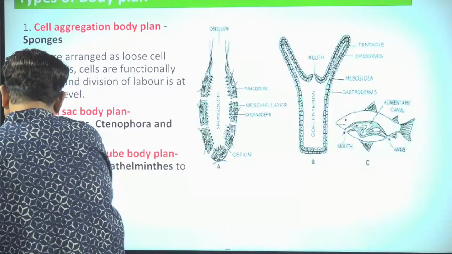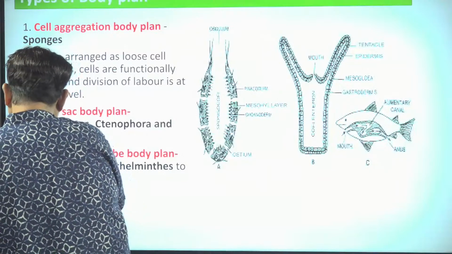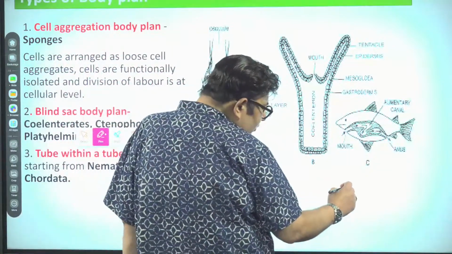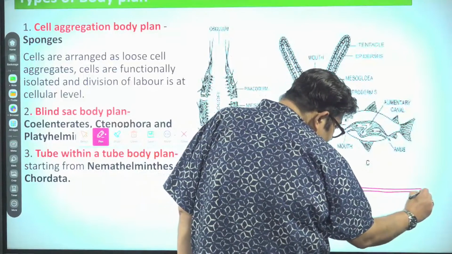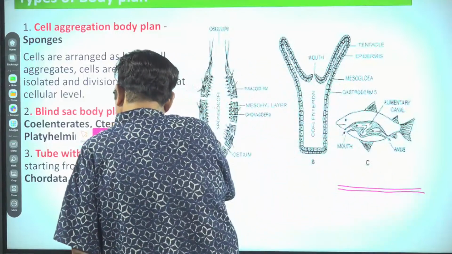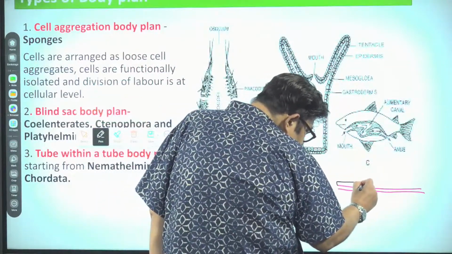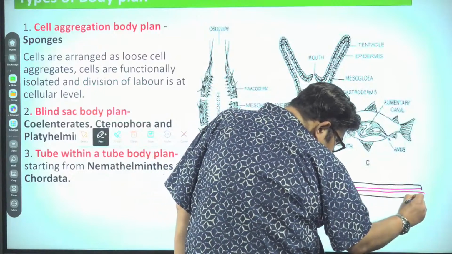Once again, it's a tube within a tube. That means the gut represents the internal tube, and the body wall represents the external tube. So that's how we can call it a tube within a tube. So this is the body wall, and the red thing is the gut.